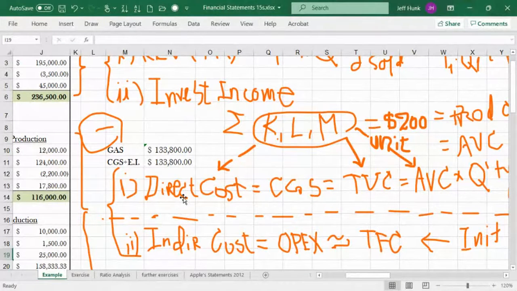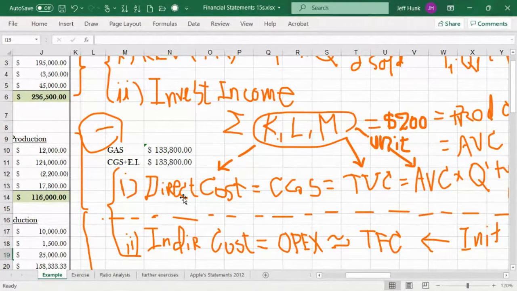I just gave you an example of how and why: if the unit production cost is $200, then if you produce one unit, it's 200; 10 units, $2,000; 100 units, $20,000; 1,000 units, $200,000; 10,000 units, $2 million, right?